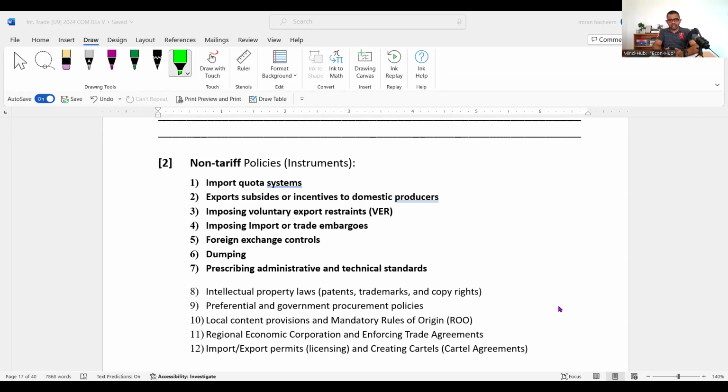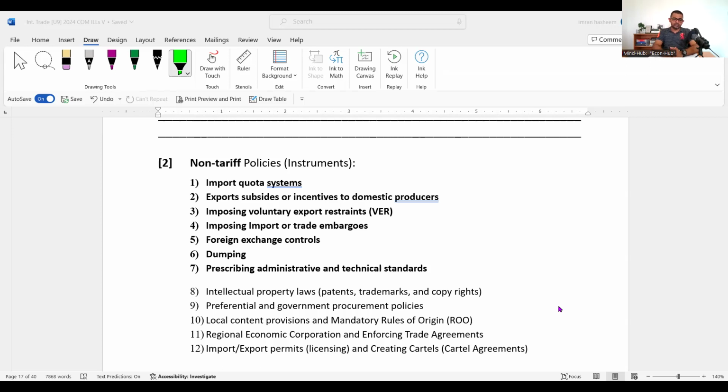It could be done voluntarily by the country, or due to some kind of dispute between two countries, or within a region of the world. But the result of embargoes is that it will completely stop trade between those countries.